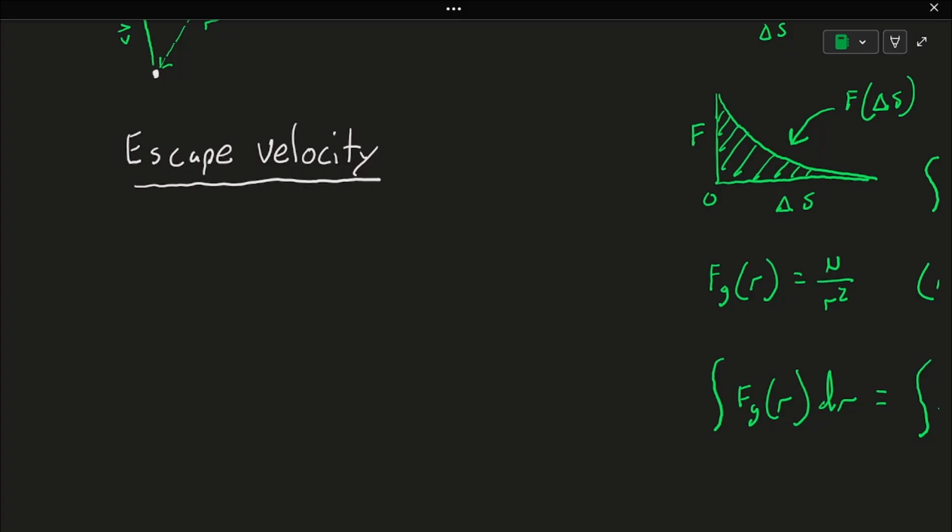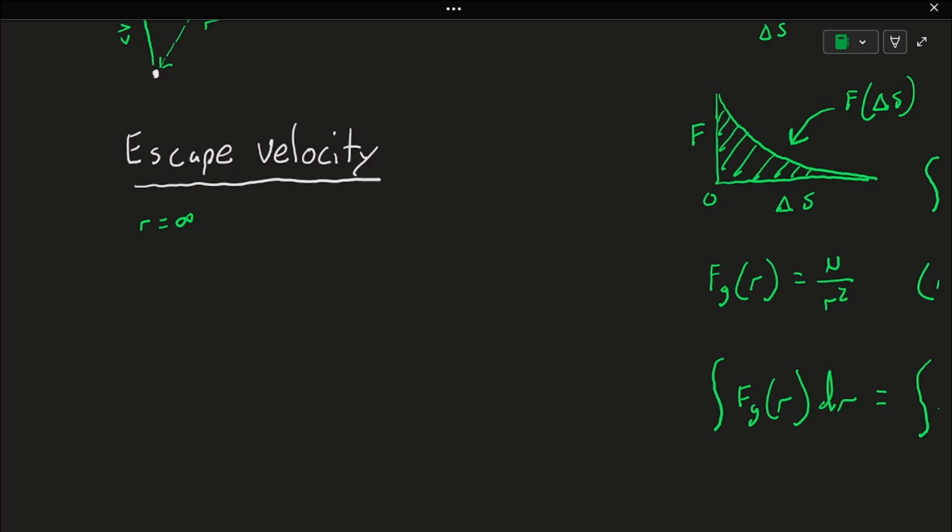So what do we know about when a body escapes from the gravitational pull of an attracting body? Well, let's look at one specific point in that orbiting body's lifetime, and that is when it is infinitely far away from that attracting body. So in this case, r equals infinity.